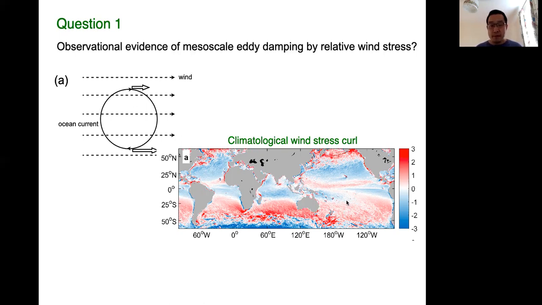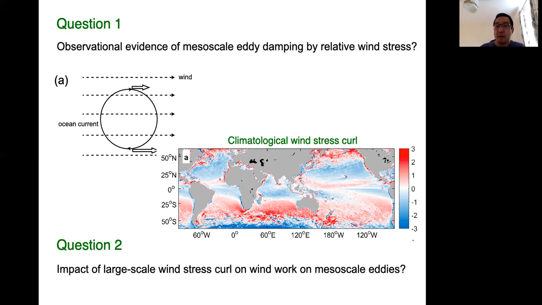So this figure shows the long-term mean surface wind stress curl, and you recognize there is anticyclonic wind stress curl in the subtropical ocean and cyclonic wind stress curl in the subpolar ocean. Okay. So the question two we ask is, what's the impact of large-scale wind stress curl on wind work on mesoscale eddies?